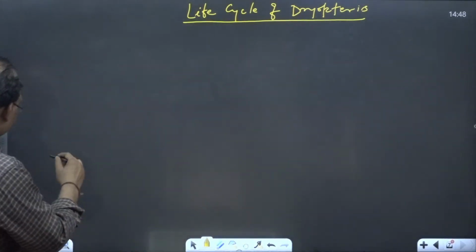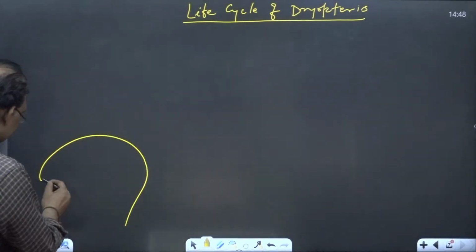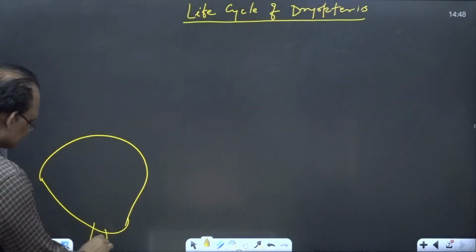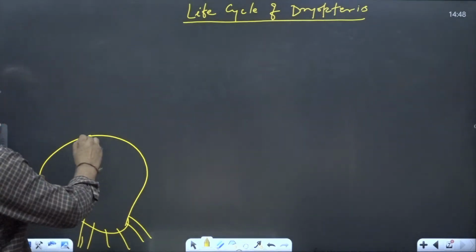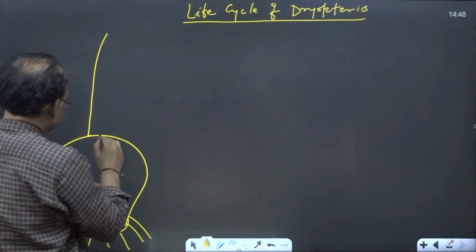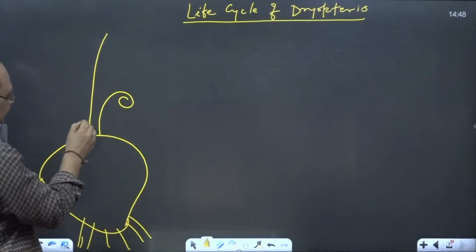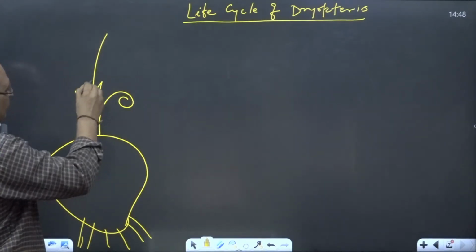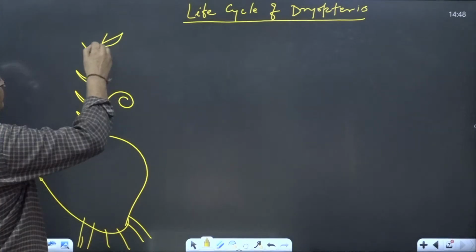If you see the plant body, it is like this, with roots arising from the lower surface, and the stem originates like this, and there are some young leaves which show circinate ptyxis, and the leaves are present on the rachis, right?